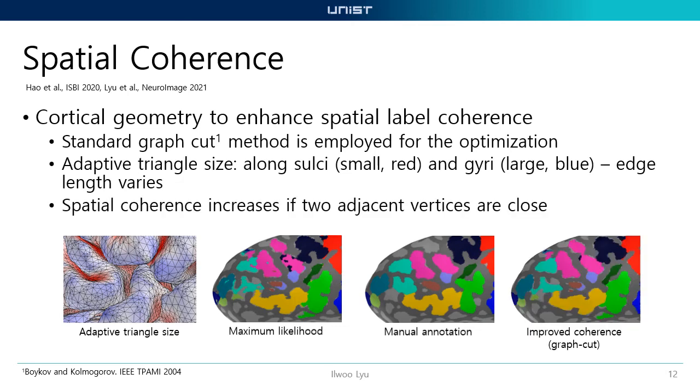From this observation, we can think that small triangles mean sulcal regions and larger triangles mean gyral regions. For the parcellation task, the parcellation is typically defined by sulcal boundaries. So we use small triangles for a small penalty in the graphical process, and on the other hand, large triangles for a large penalty for the sulcal labels.